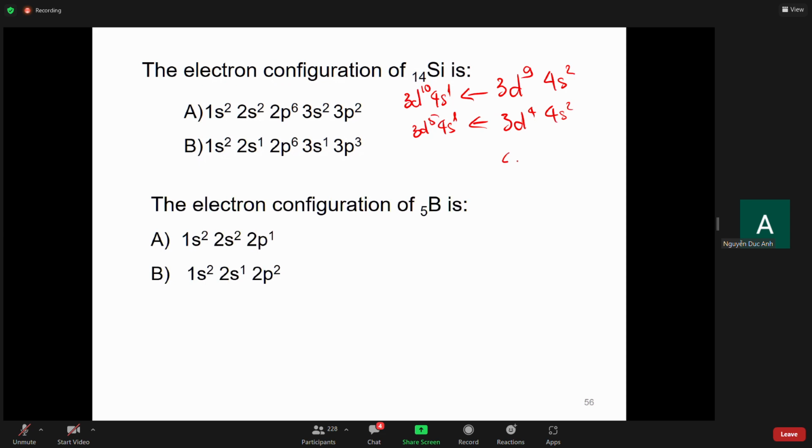But the case of 4d9 5s2 does not work like that. Sometimes it becomes more complicated since the size of the orbital increases.